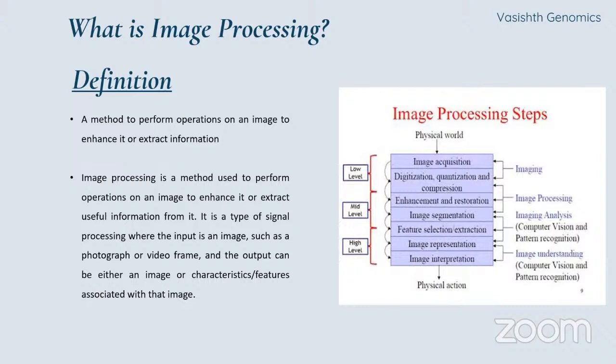Or even in agriculture, by just seeing the image you can tell whether the plant is diseased or not. So image processing is an important part wherein you can do lots and lots of applications.